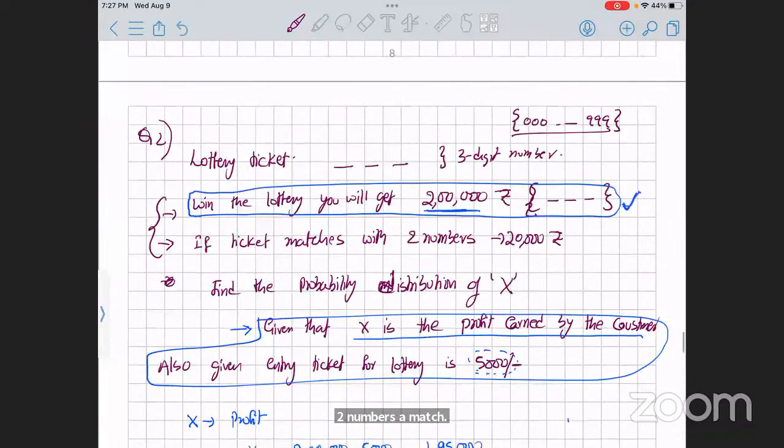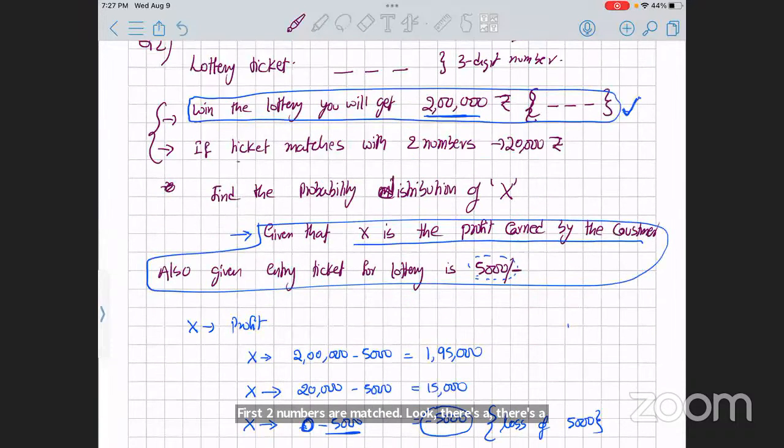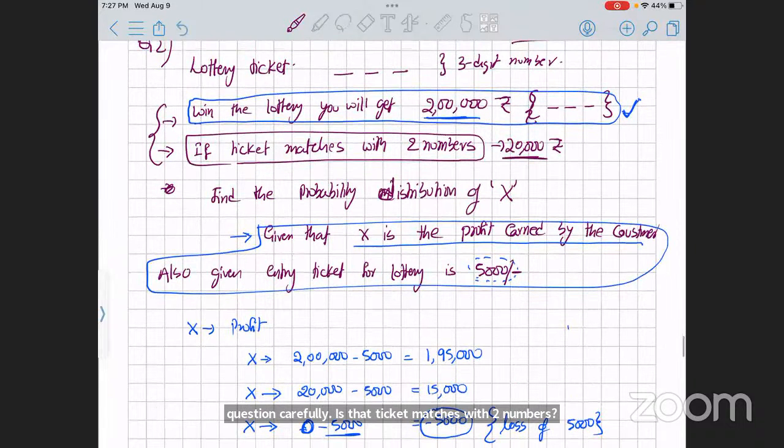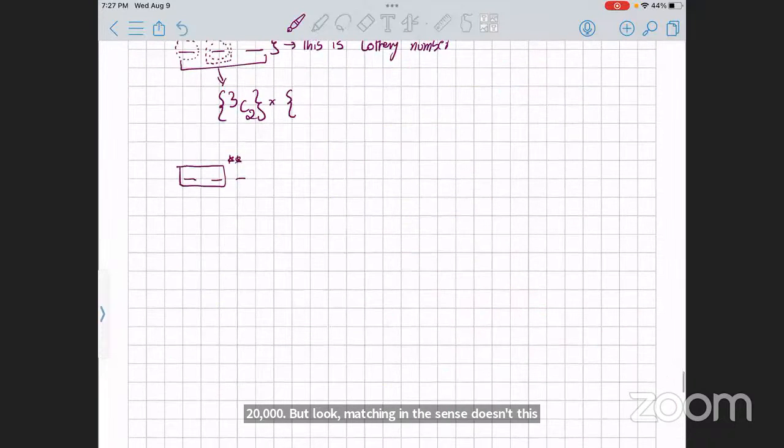Look, listen, read this question carefully. If the ticket matches with 2 numbers, you'll get 20,000. But matching in the sense, listen to this carefully, matching means it must happen in order.